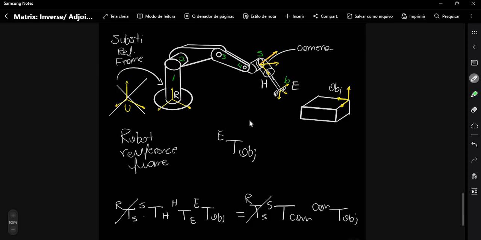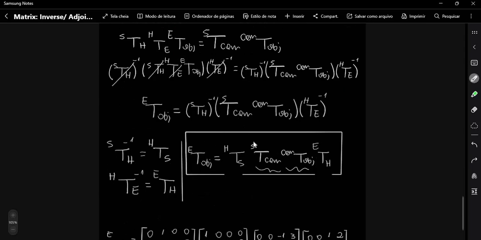So we are tracking the localization of this object the whole time, based on the end frame where the camera is attached. And that's it.